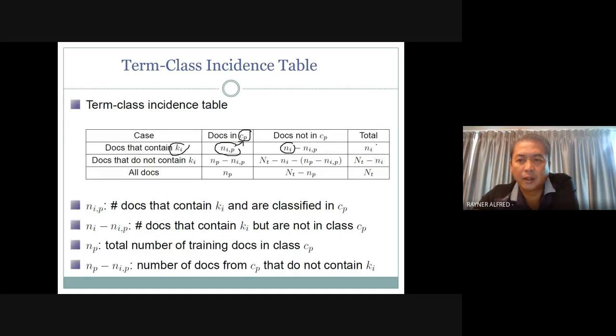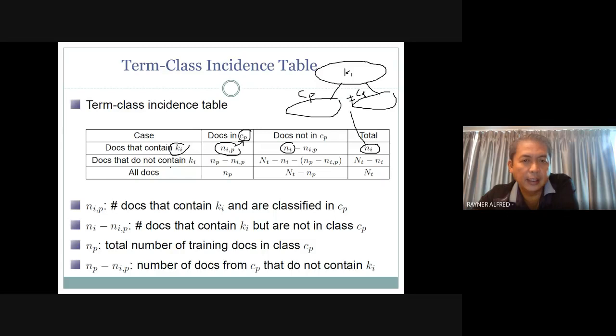Okay, so this one is the total number of documents that contain keyword 1. So we split them into 2. For example, if we have all the documents here that contain keyword KI, we will split them into 2. Okay, so this belongs to the class P, and this does not belong to class P. And this is the other way around.